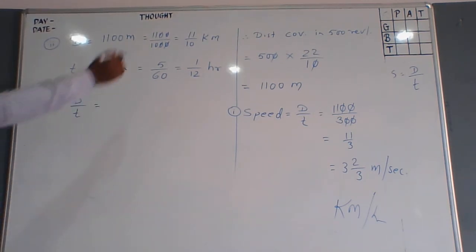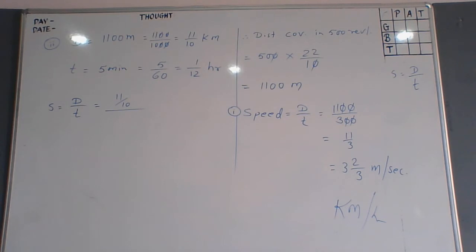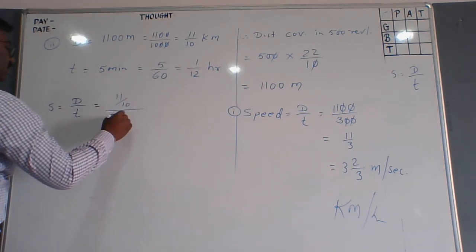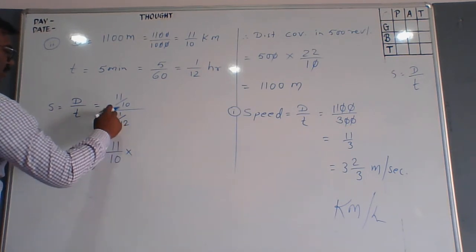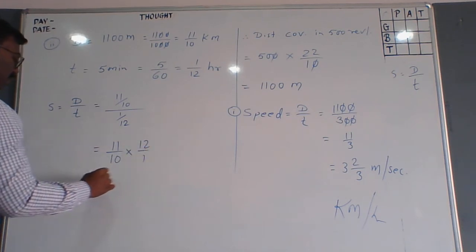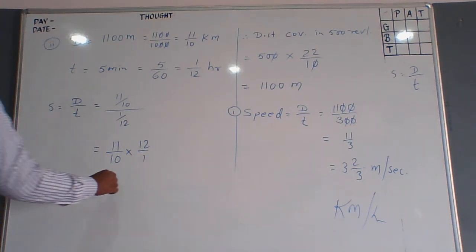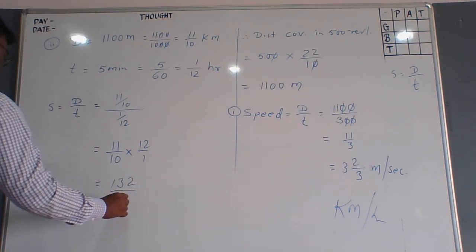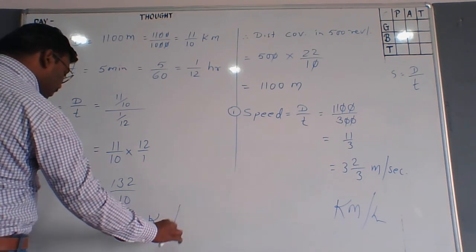The distance is 11 by 10 upon the time 1 upon 12. 1 upon 12 can be written as 12 upon 1. So 11 multiplied by 12 gives us 132 upon 10, and finally 13.2 kilometer per hour.